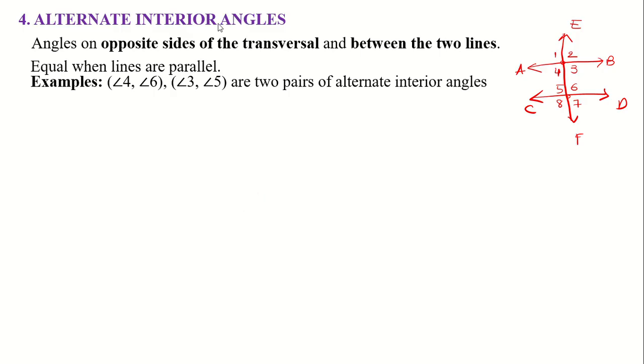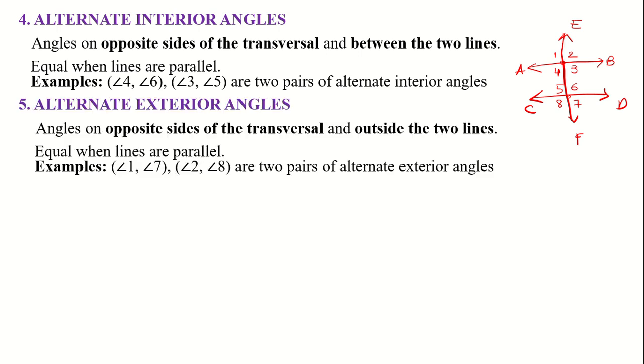Similarly, we have another type of angle. The other type of angle is alternate exterior angle. This is similar to the one that we discussed, that is alternate interior angle. So here the difference is it is exterior angle. So what are exterior angles? Exterior angles are those angles that lie outside the lines. So what are the angles here which are outside the lines?